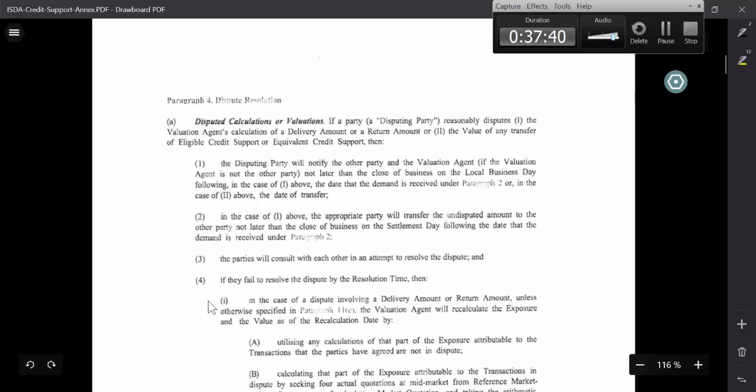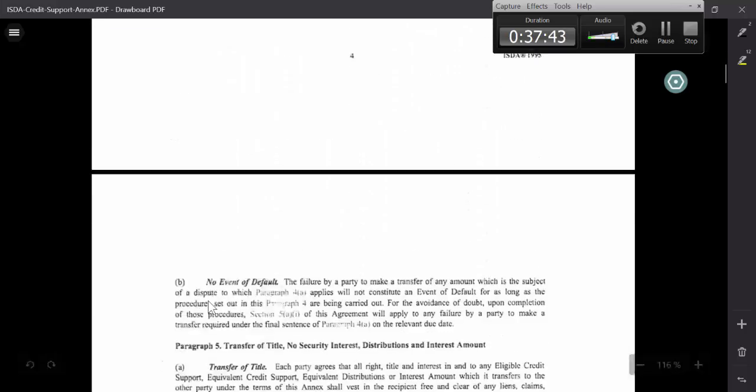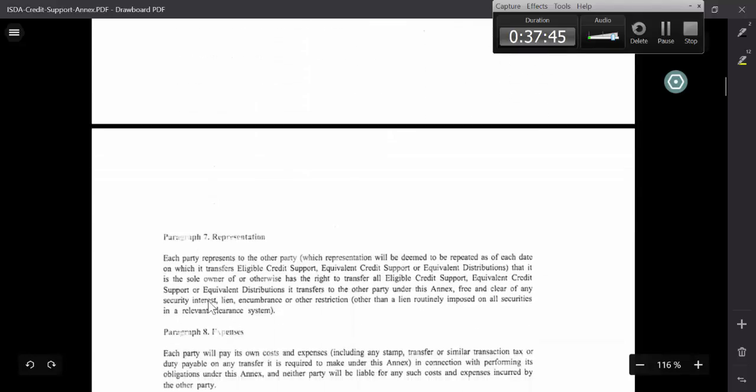parameters, the printing is not that good. Hold on a second.